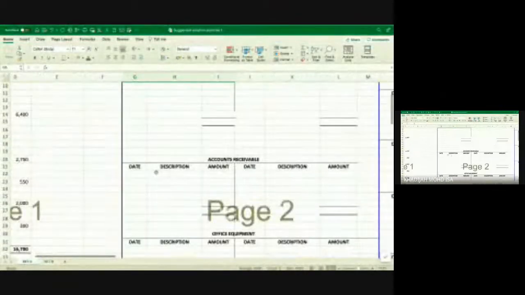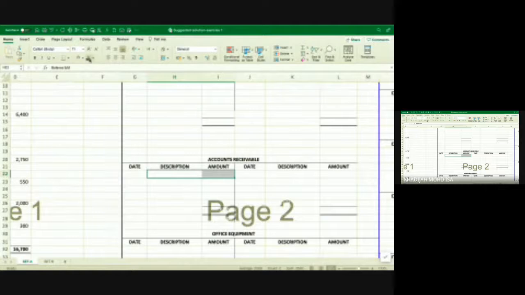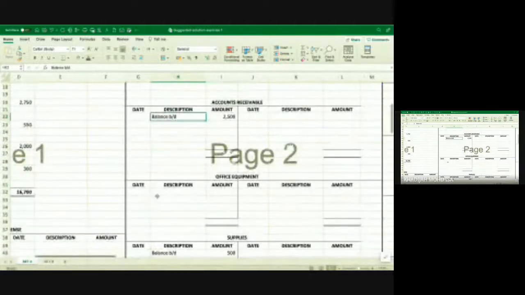You open your cash, accounts receivable, supplies, office equipment, accounts payable, share capital, and retained earnings. So you start with these accounts and then put in all the opening balances. For example, you have a cash and then you have accounts receivable, then you have office equipment.